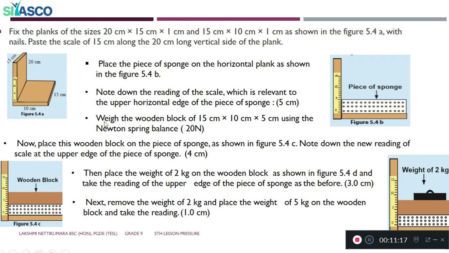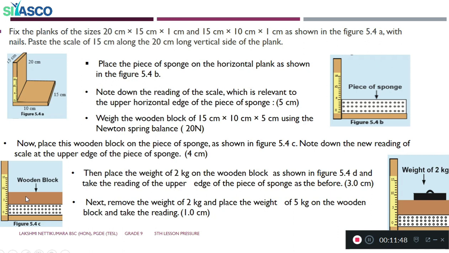Then what you should do is weigh the wooden block of 15 into 10 into 5 centimeter using the Newton balance. That is this wooden block. For easiness, I just put it as 20 Newton. After taking the weight, you have to place this wooden block on the piece of sponge as in the figure.